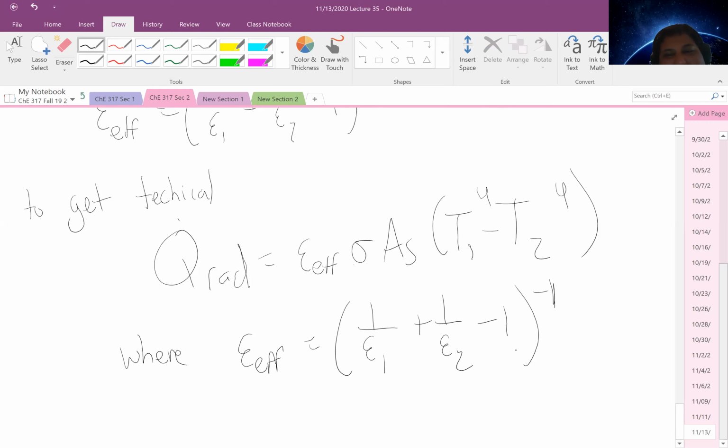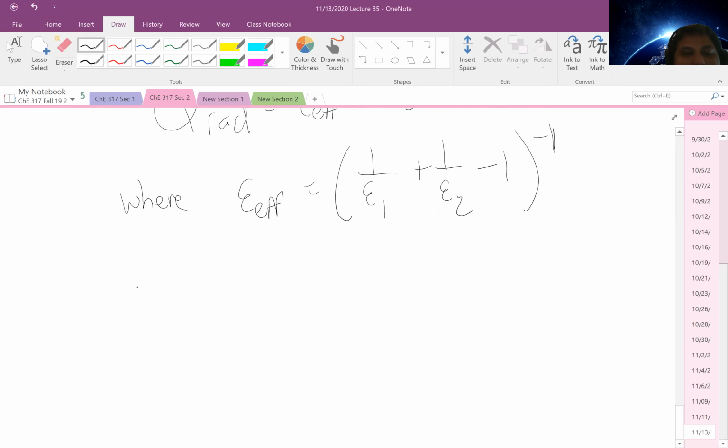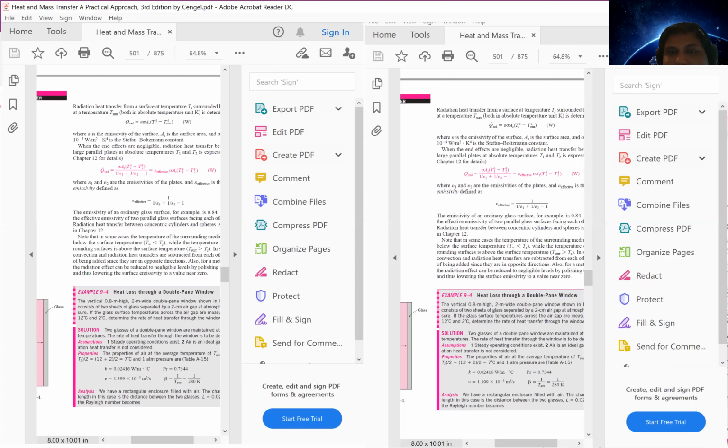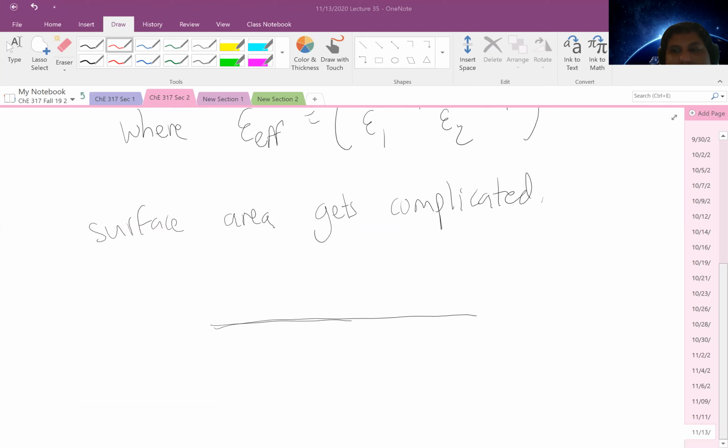But to be honest, even looking at some of this stuff can get really complicated, particularly when we're looking at a surface area. Let's say I have a surface, and I'm interested in identifying the radiation that can be emitted by that surface.